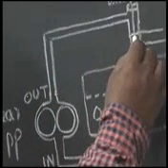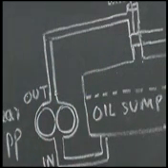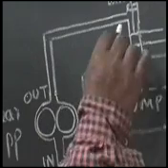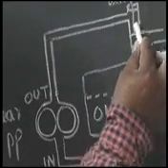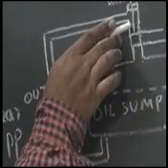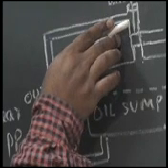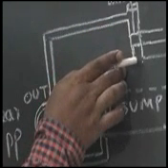pilot cylinder. Now the pilot cylinder is connected to three points. That means what? This is one point. This is one side. This is the other side to the sump.